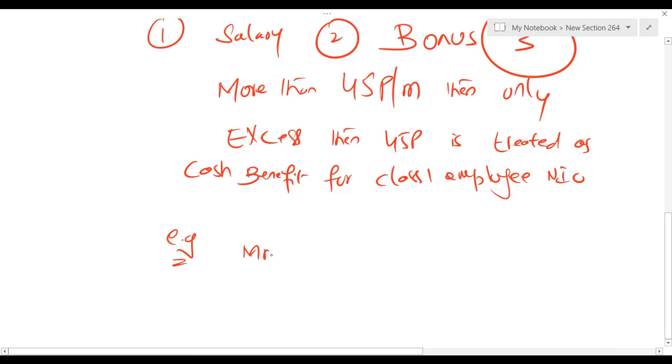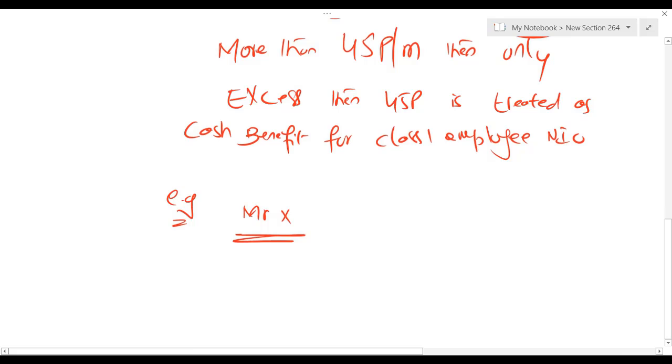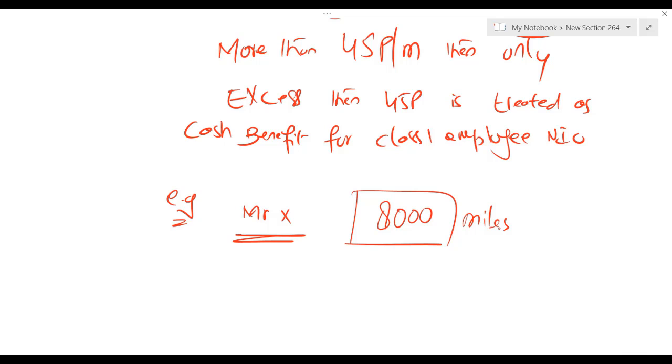For example, Mr. X is an employee of XYZ organization, I'm just assuming, and let's say he drove his own car for employment purposes, 8,000 miles, and his employer has reimbursed him 70 pence per mile.